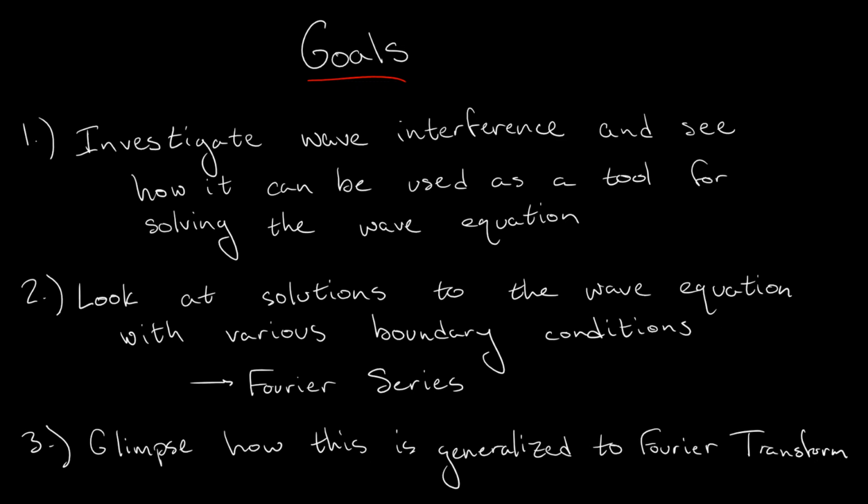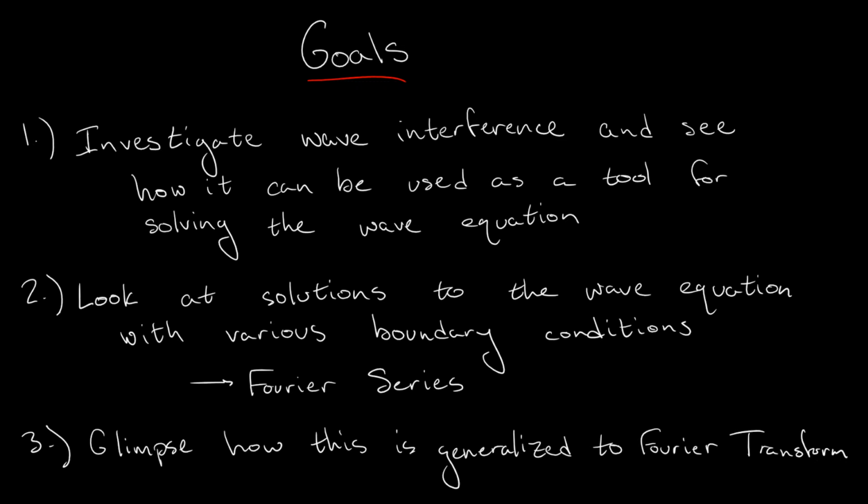Then we're going to go a bit more into these special boundary conditions that we can choose for the wave equation that might be interesting in certain physical scenarios, which will naturally lead us to the idea of a Fourier series. I'm sure people have heard of Fourier series, Fourier transforms, all that, and so hopefully today we'll get a little bit more into what all that stuff is and how to use it.